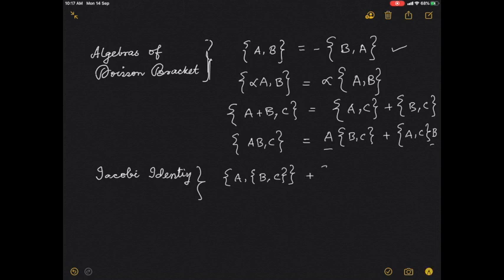And then I take a Poisson bracket of that with A. Now this I do three times cyclically, which means that now B comes in place of A, and then C, which is what it was before, and then what I'm left with is A. And then you do it again. Now C shifts to the first place, and I have this. This is 0. Again, please verify that this is 0.